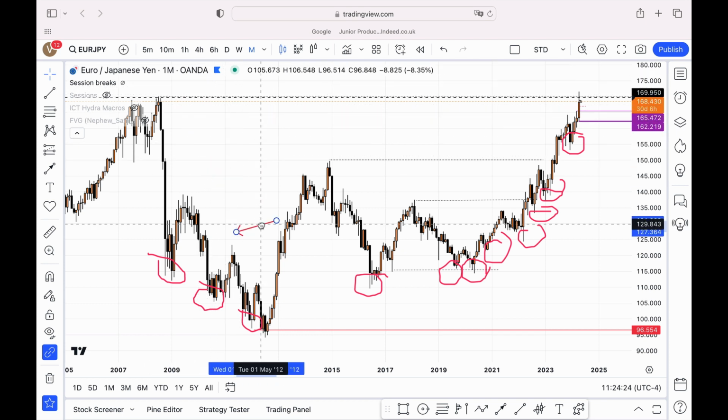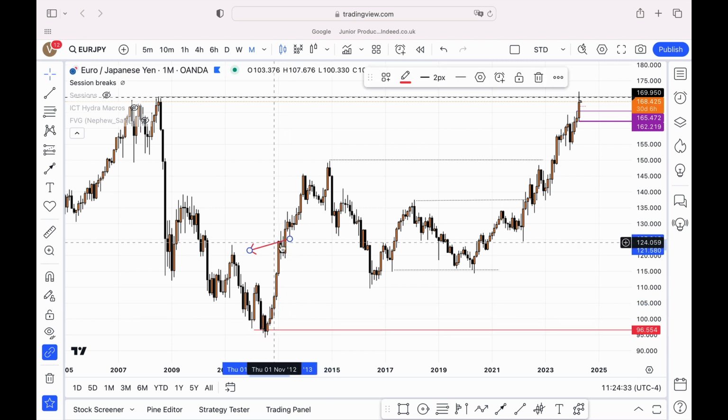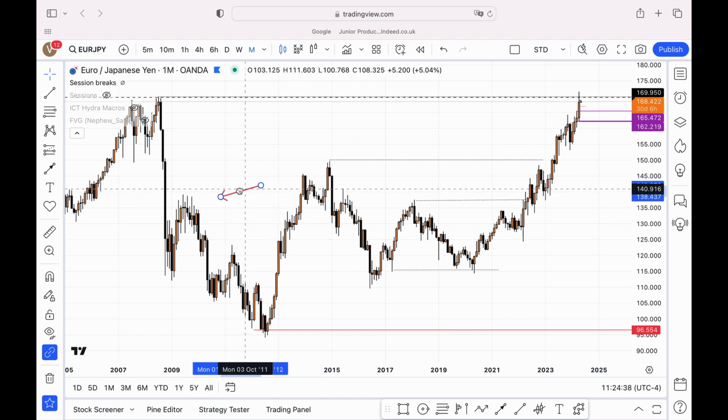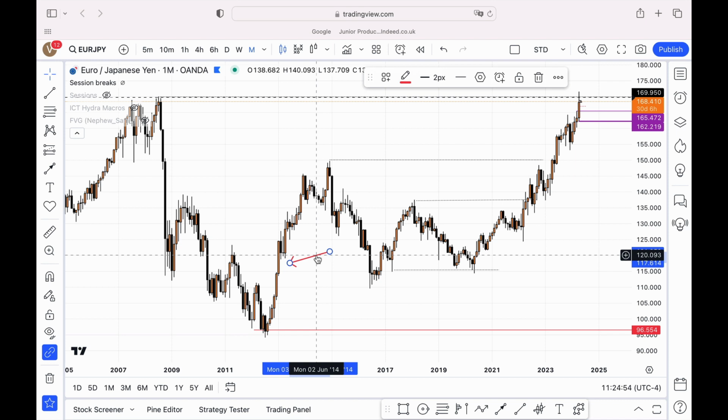If we go all the way down here, you can see right here below old lows, liquidity, where you have old highs like this one, so short-term old highs, you have liquidity. So you can have liquidity resting above old highs, so intermediate highs, short-term highs, or the reverse, which is intermediate lows, short-term lows.